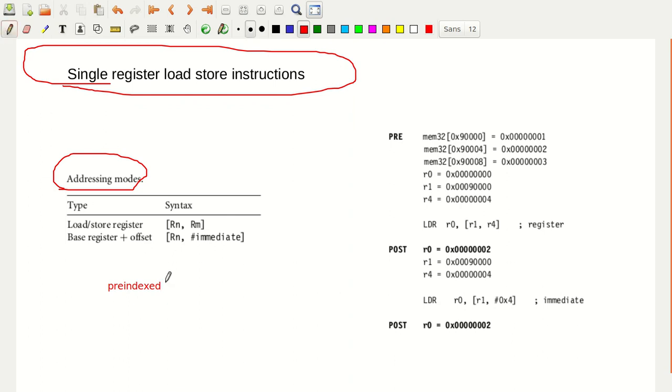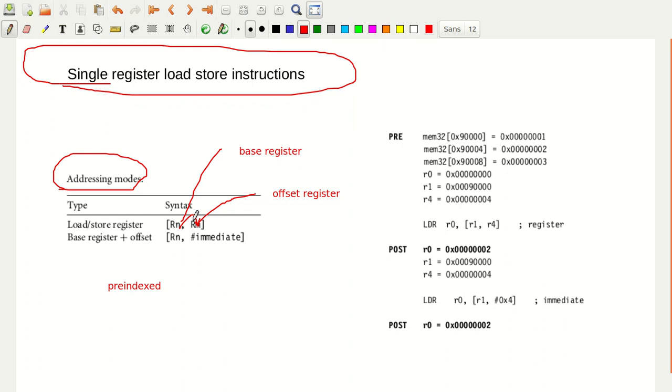Pre-indexed addressing mode means the base register is offsetted with another register. This is what we call the base address register, or let me write just base register, and this is the offset register. Here this register is added with the content of this register.